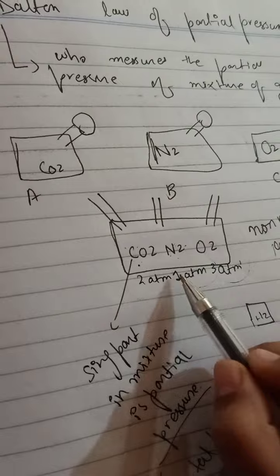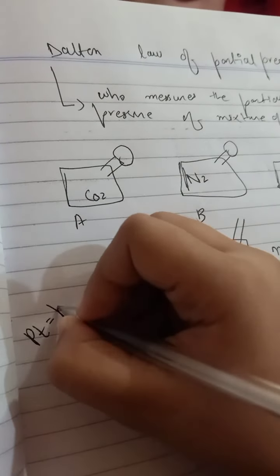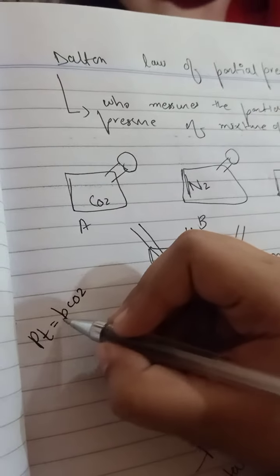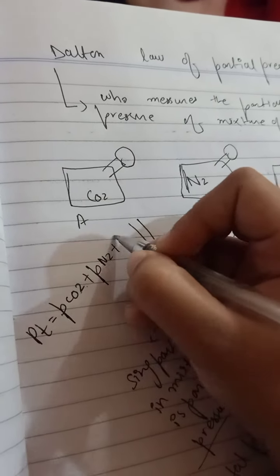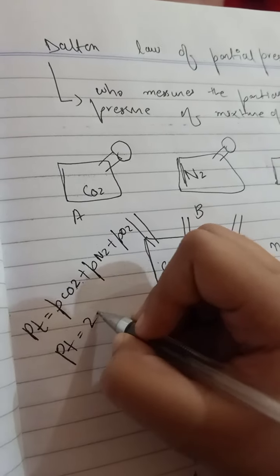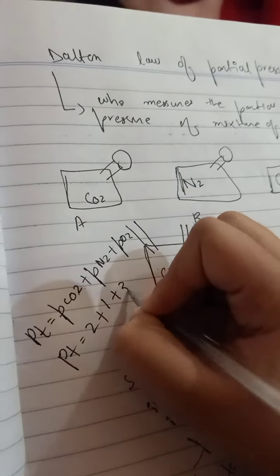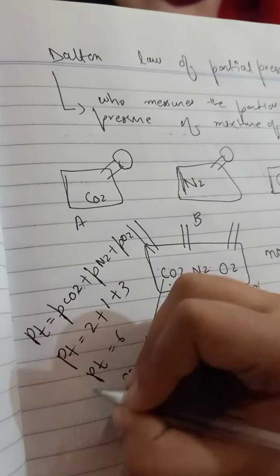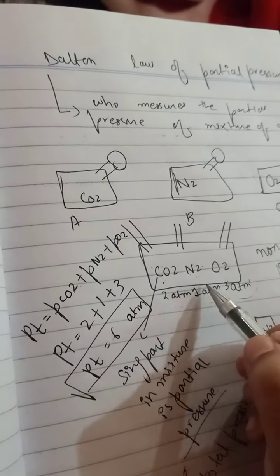For the total, Pt is equal to the partial pressure of carbon dioxide plus the partial pressure of nitrogen plus the partial pressure of oxygen. So Pt is equal to 2 atm plus 1 atm plus 3 atm, so the total pressure is equal to 6 atm.